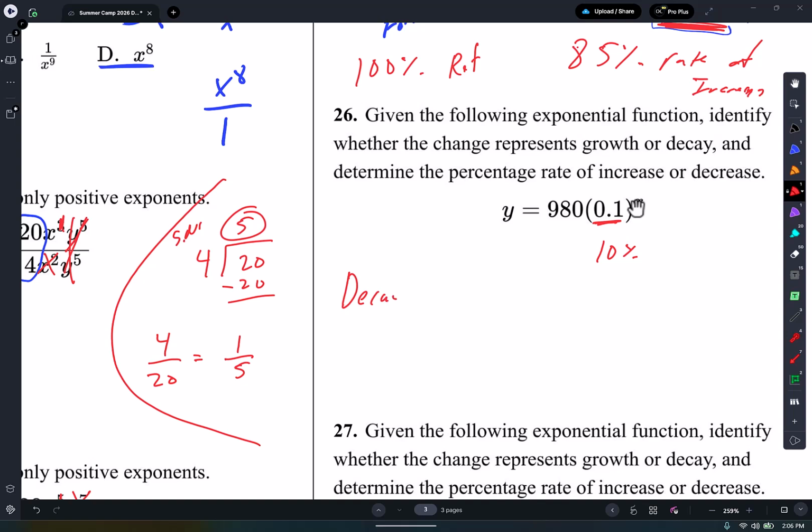Perfect. Now remember, we're going to reference it to 100%. So this is 10%. What is the difference between 100% and 10%? So that's what you're going to write. 90%. It decreases, rate of decrease. 90% rate of decrease. Does that make sense to you guys? Yes. All right. Here we go.